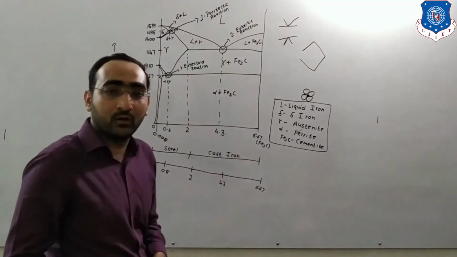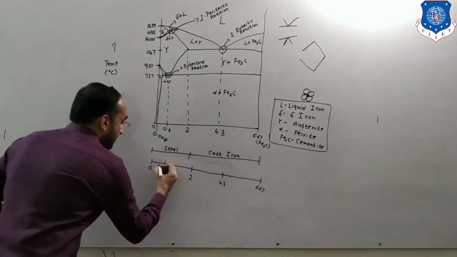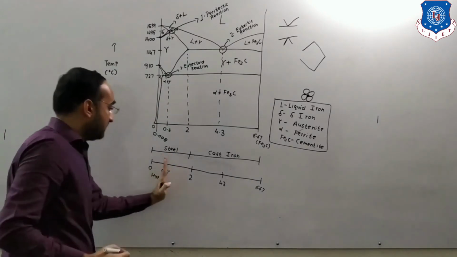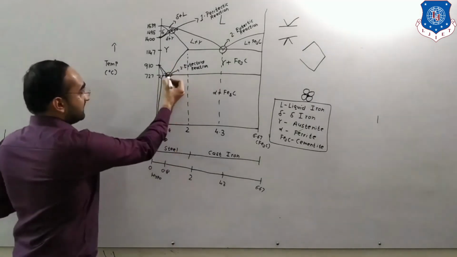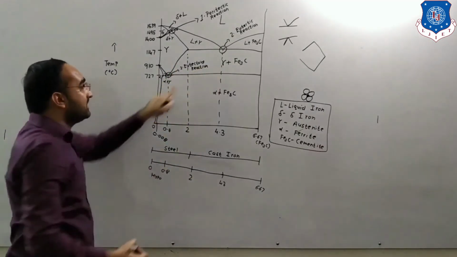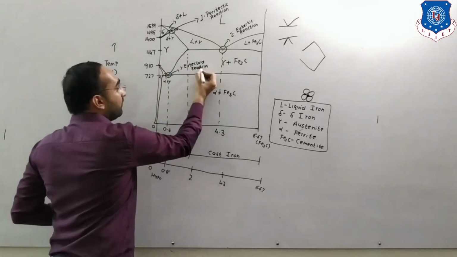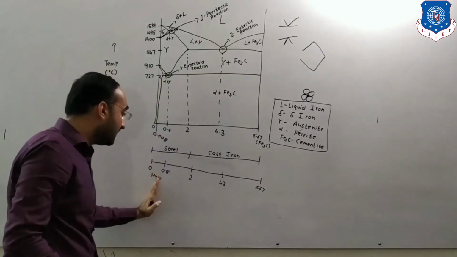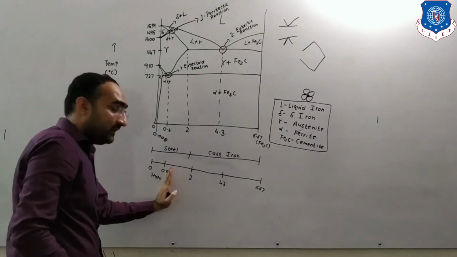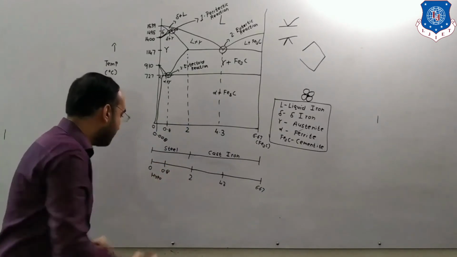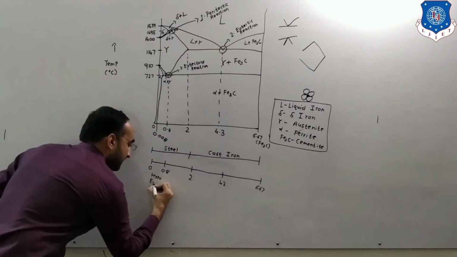Now we will go for the hypo and hyper terms. Here it is known as hypo because at 0.8 the eutectoid reaction occurs. So what is the name? At 0.8, if the region comes before it, it is written as hypo. So hypo, which reaction occurs? That is eutectoid.